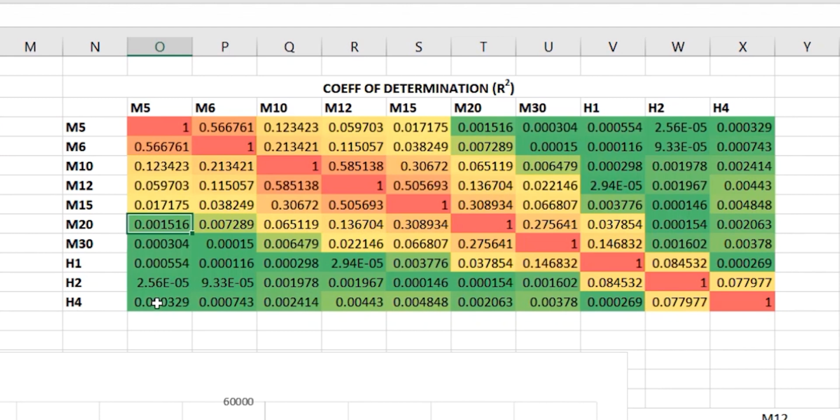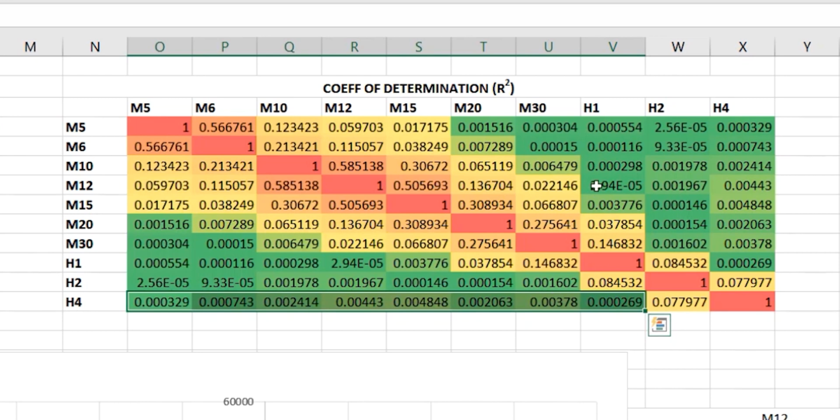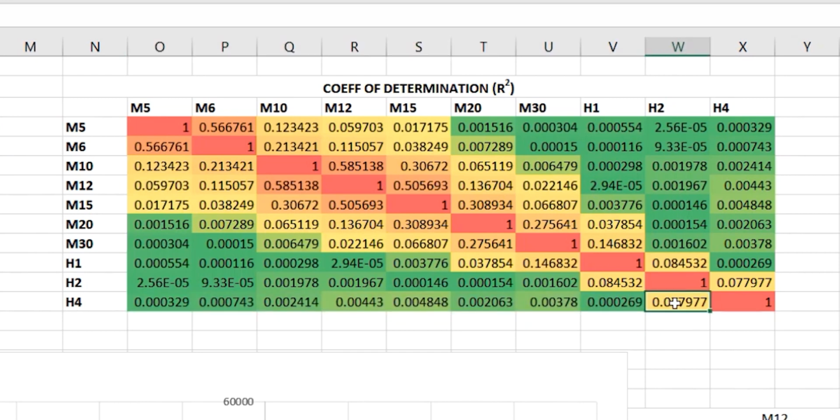If we now take a look at one of the higher time frames, so let's look at the H4, we can see that this has low correlation with all of the time frames up to H1. And this only really begins to show any signs of correlation when compared to the H2 chart. So what does this information tell us?